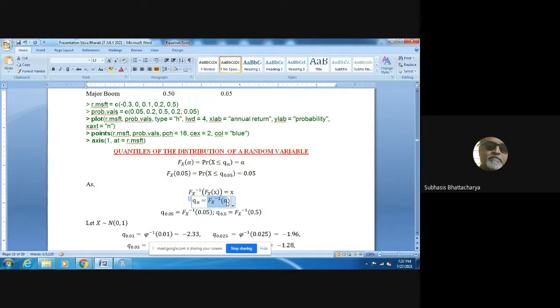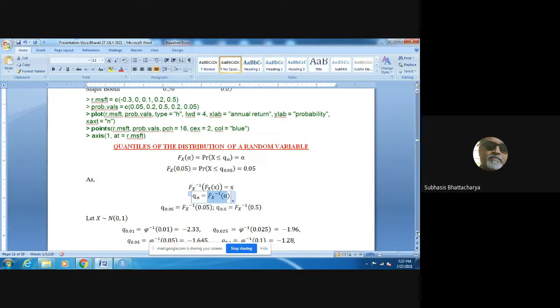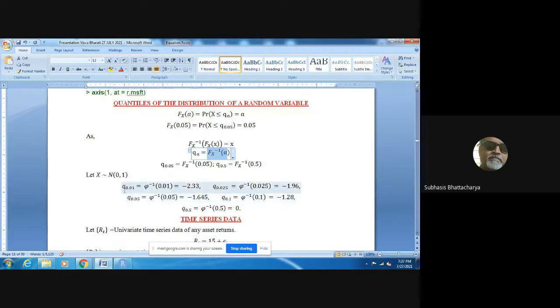For example, in the case of the standard normal distribution, quantiles are defined by the inverse of psi, where psi is the area under the normal curve. For example, the 1% quantile is minus 2.33, derived from the normal table.